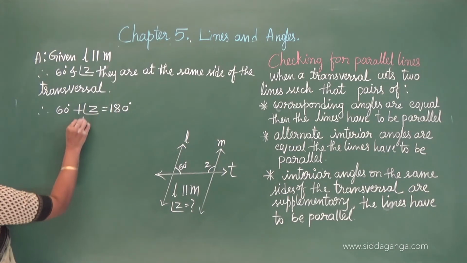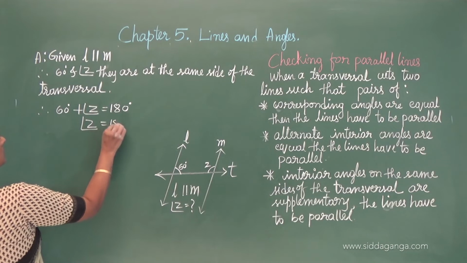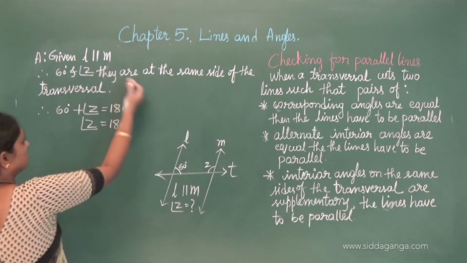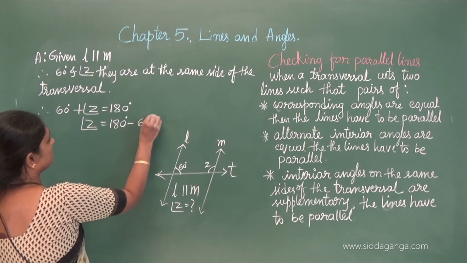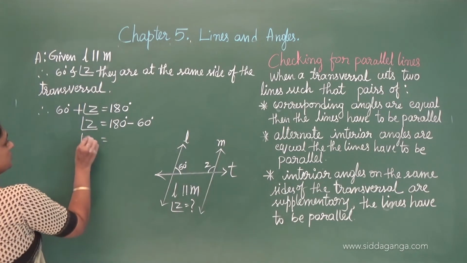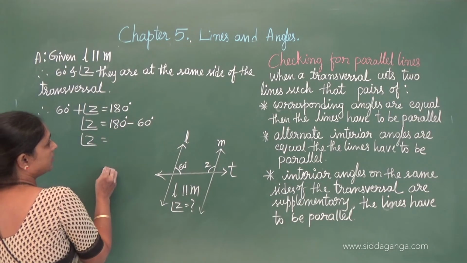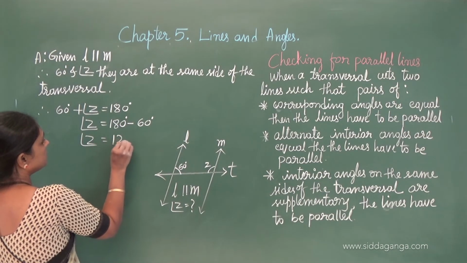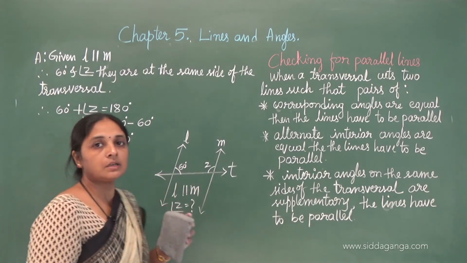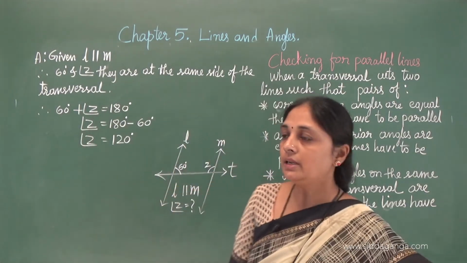Keep Z as it is. Here we have 180 degrees on the right side, so shift 60 to the right side. It will be minus 60 degrees. So subtract: 180 minus 60 is 120 degrees. Then angle Z is 120 degrees.